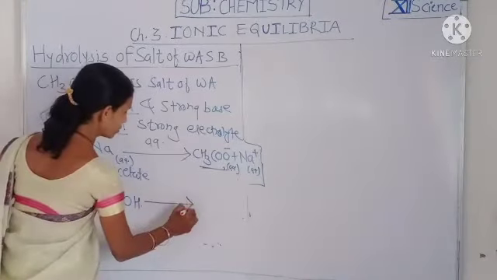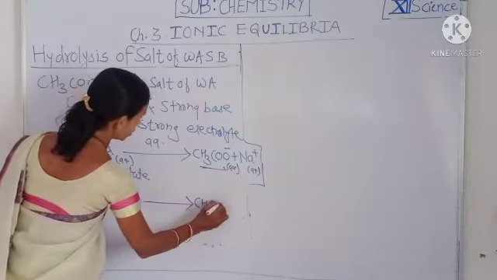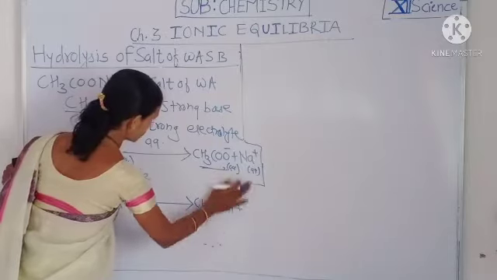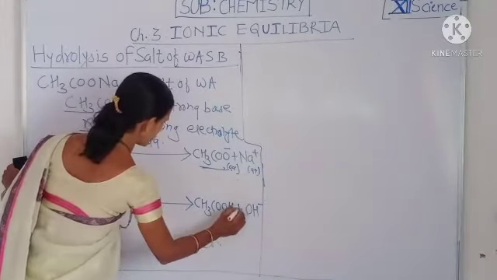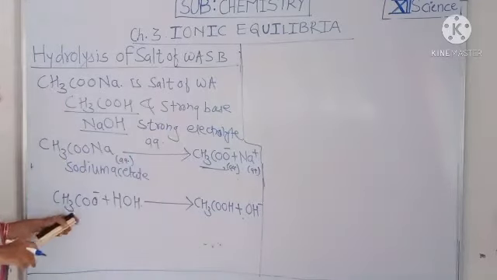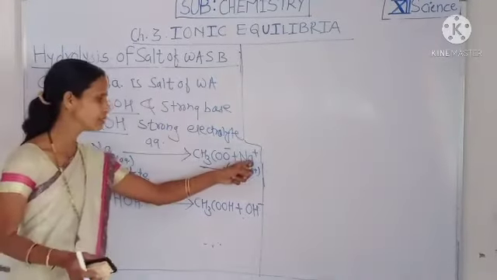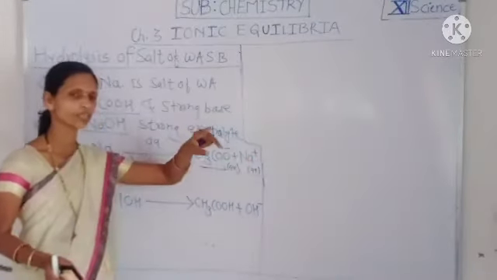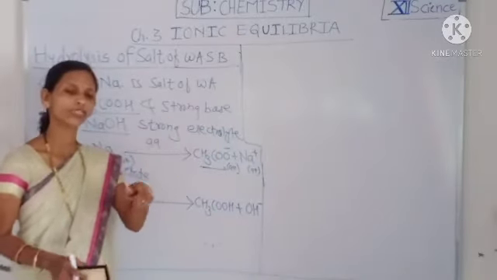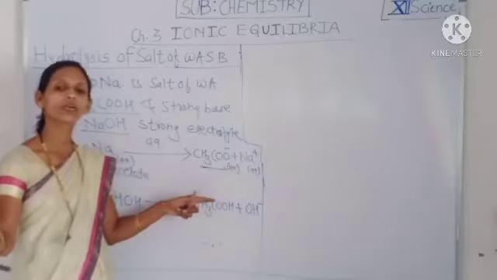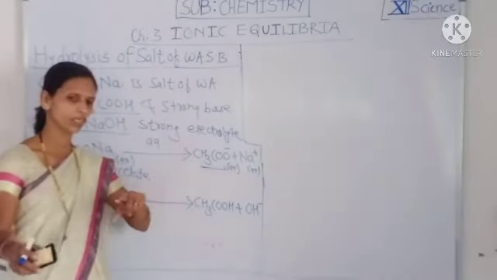It gives CH3COOH plus OH- ion. And Na+ ion, if it reacts with OH- ion, gives NaOH, and again NaOH is a strong electrolyte, and it dissociates completely into Na+ and OH- ions.